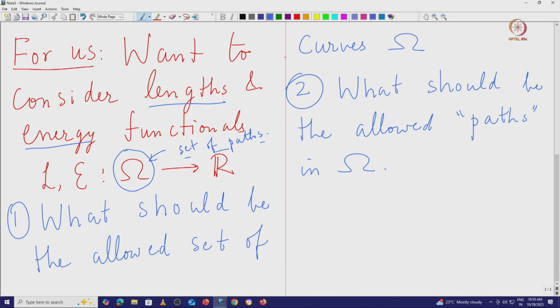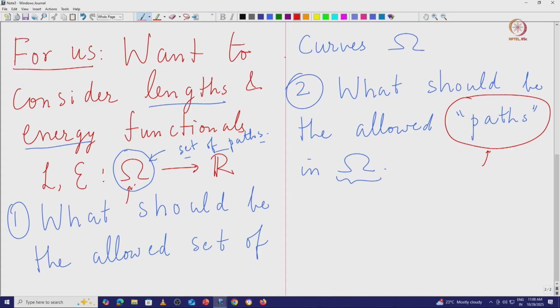We will define in today's lecture this class of admissible paths, which is slightly bigger than the class of smooth paths. And once you know what omega you need in order to develop this theory, one should also have a notion for the set of paths in omega, that is, the paths in the space of all admissible paths.